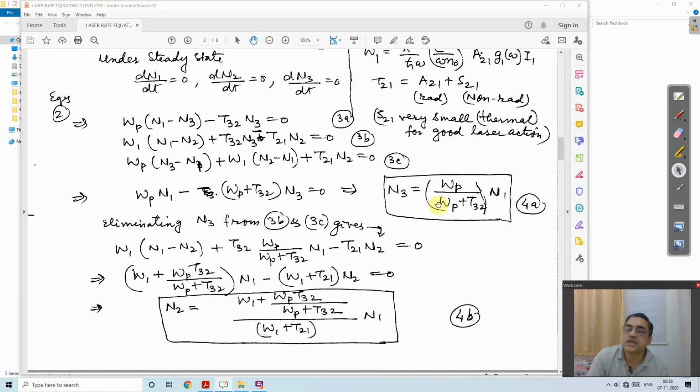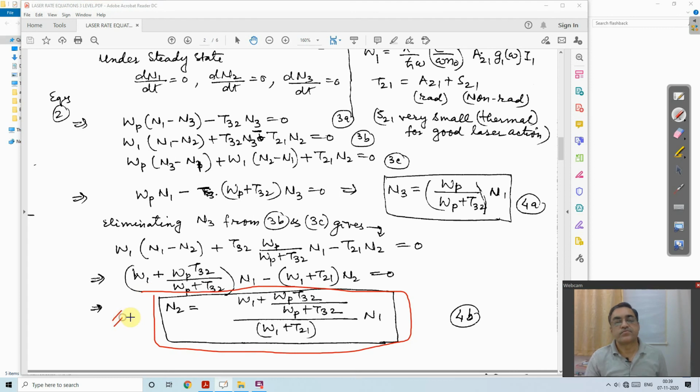It is less than N1. Substituting this value in equations 3b and 3c, we can eliminate N3 and we obtain an equation between N2 and N1, which is a very useful equation.